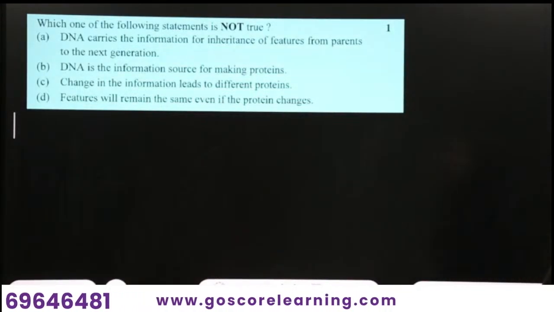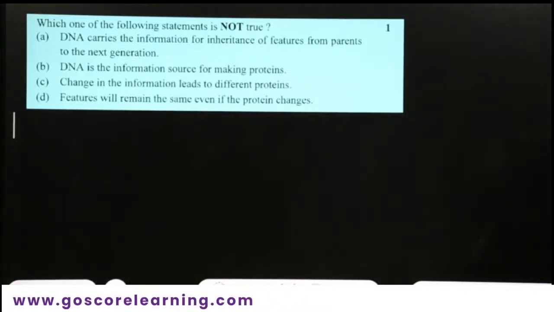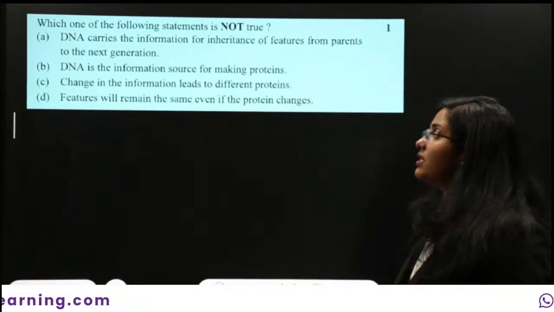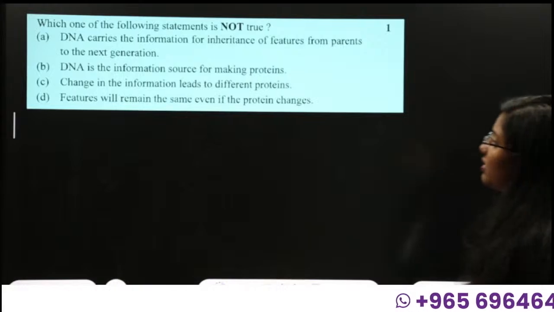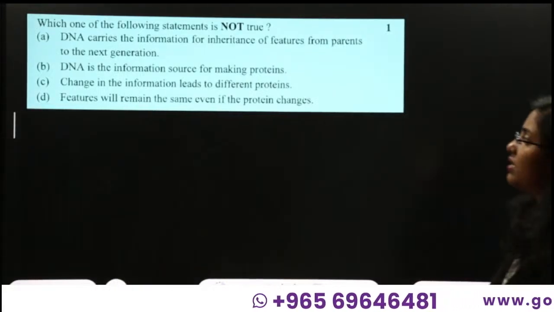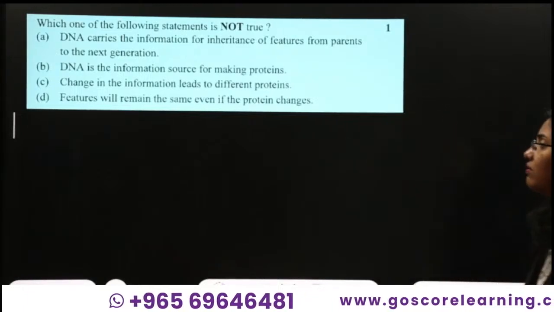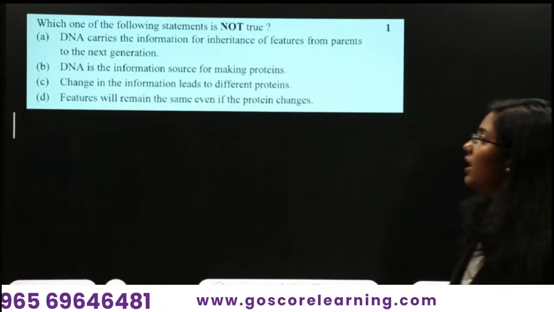Okay, fine. DNA carries the information for inheritance of features from parents to the next generation. That is a true statement; it obviously carries the information from parents to the next generation. What is the second statement? DNA is the information source for making protein. Then the third statement, change in the information leads to different protein. Then the fourth statement, the features will remain the same if the protein changes.